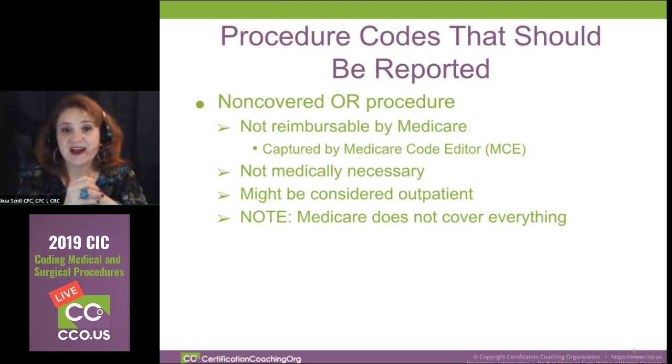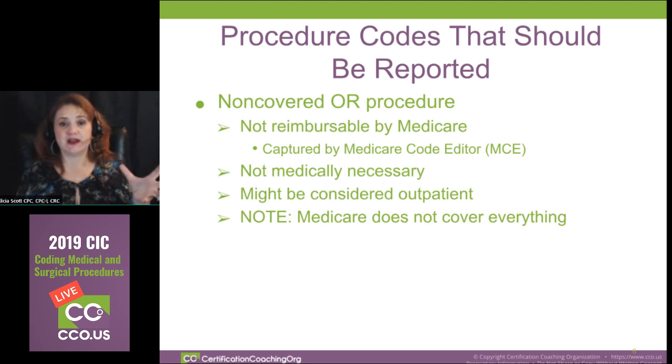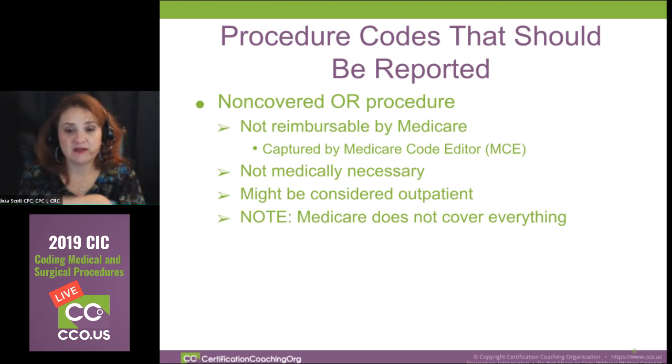Medicare doesn't cover everything. Surprise, surprise. There's some things that used to be covered in Medicare that aren't covered anymore, like consultations. There's some things that were never covered before that are covered now. I think of gastric surgeries, gastric bypass, gastric sleeve. In the past, that was never covered.